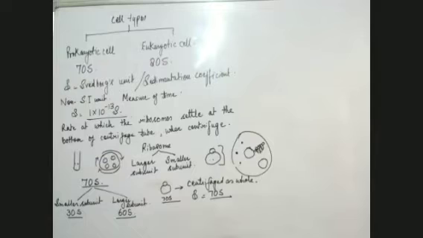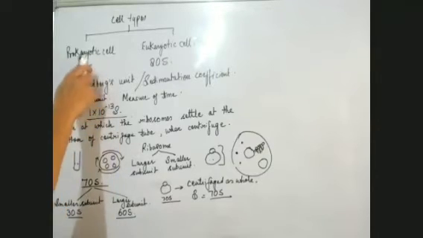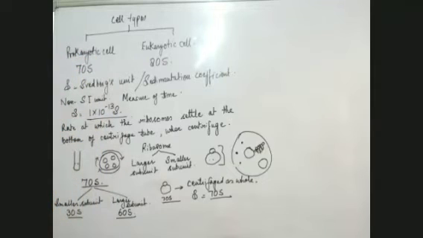Now, if we take only the smaller subunit in prokaryotic cell, it has a Svedberg's unit or sedimentation coefficient of 30S.